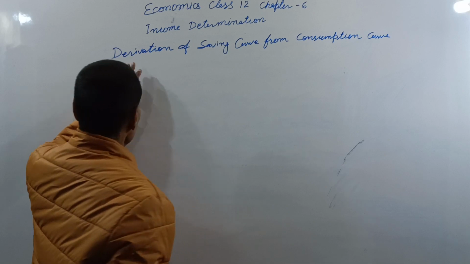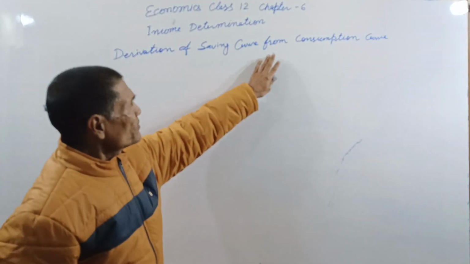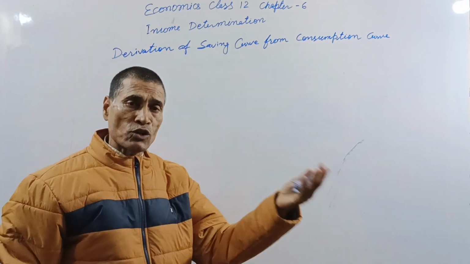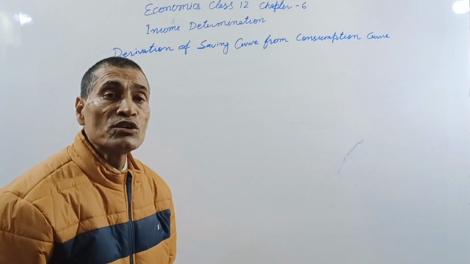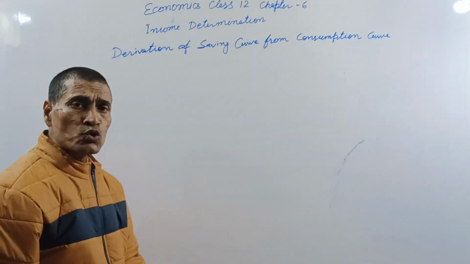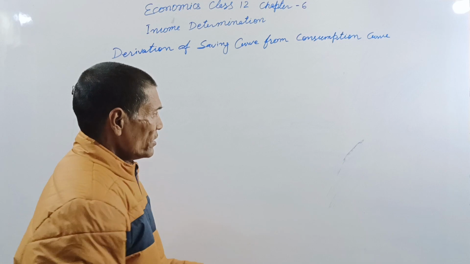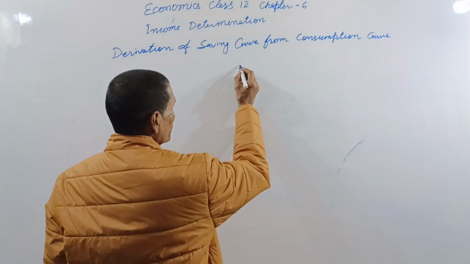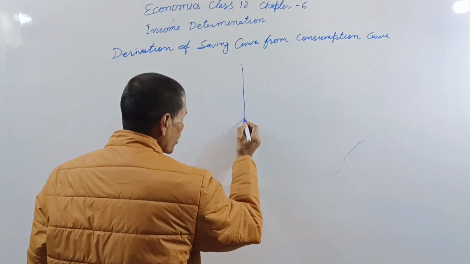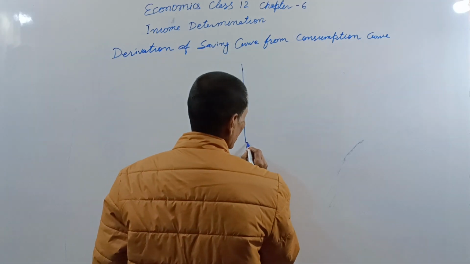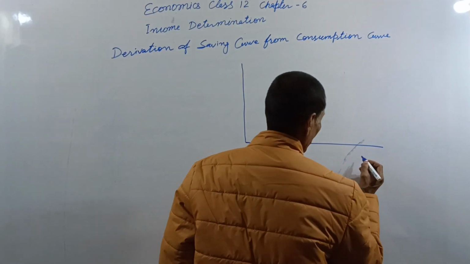This is our topic. So how will you draw it? Just two things you have to keep in memory. First, what you will do, you draw first the consumption curve.